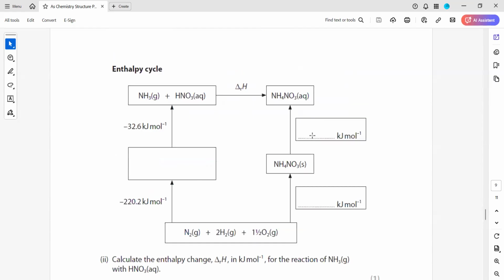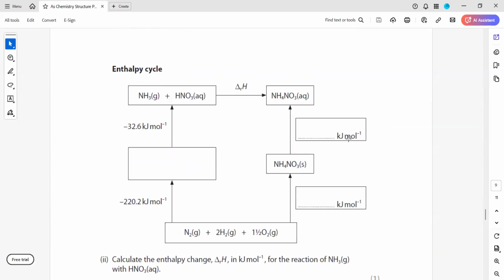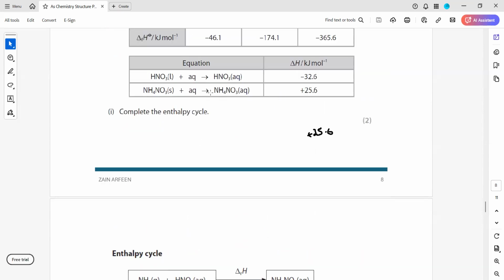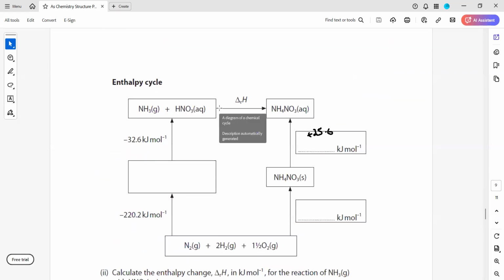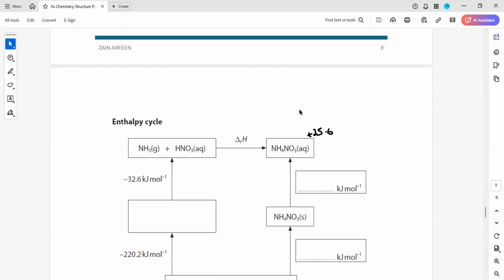So we just have to write these values. When ammonium nitrate becomes aqueous, this is plus 25.6, so we write plus 25.6 here. And the second one is written as minus 32.6.